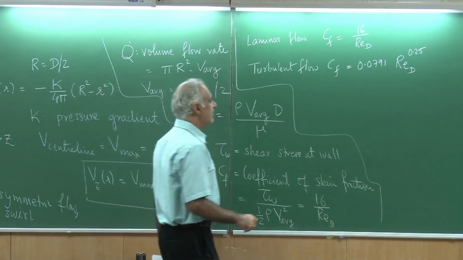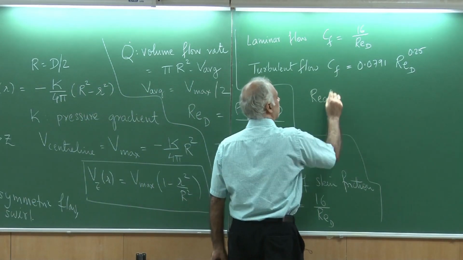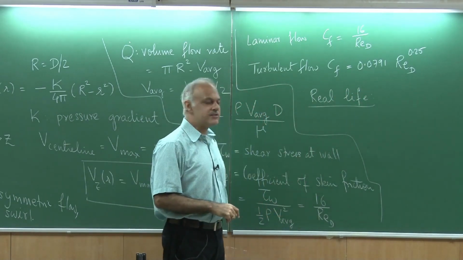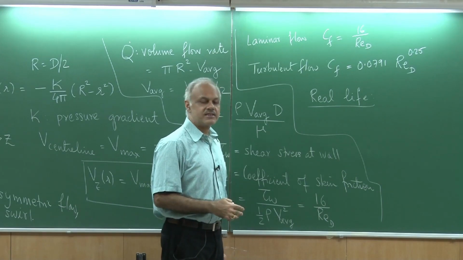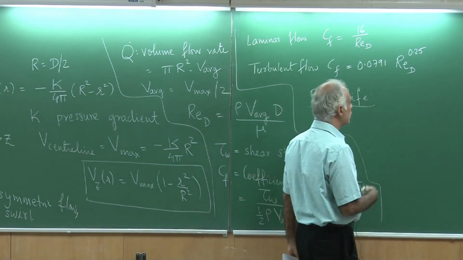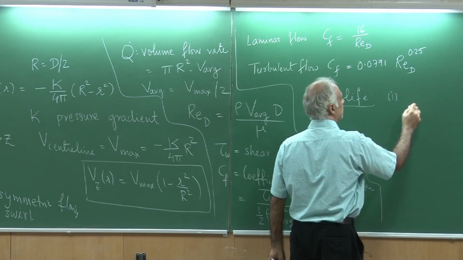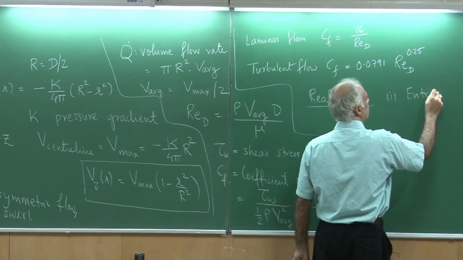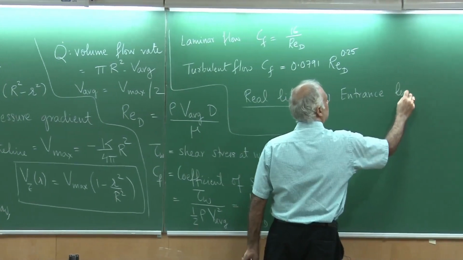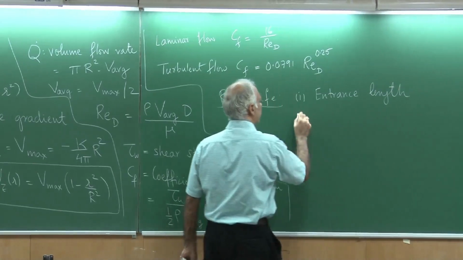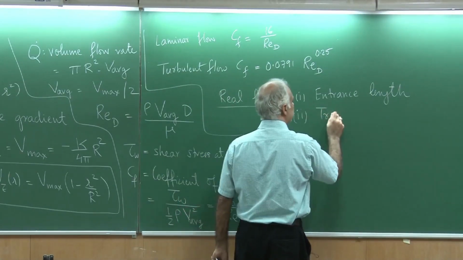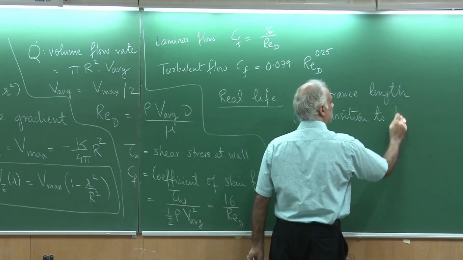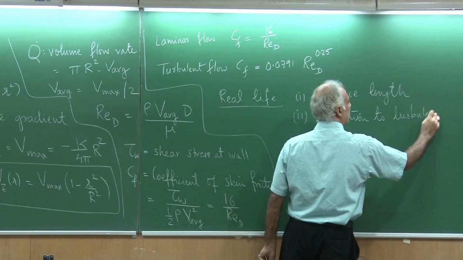Now in real life, even when we look at flow through this simple straight pipe, there are complications. And I want to point out to you two complications. The first one is the entrance, and the second one is the transition to turbulence.